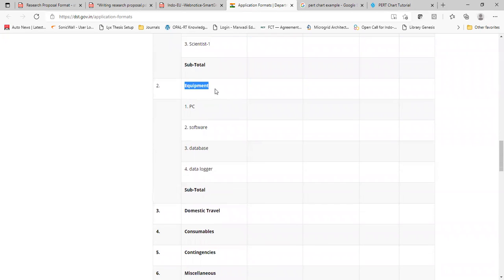Then equipment. Equipment may be a PC, but normally proposing a PC is not encouraged, unless you cannot work without it.